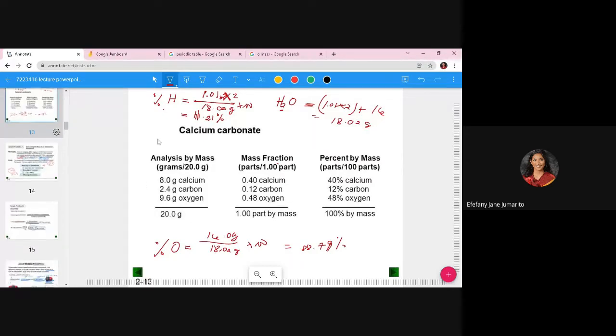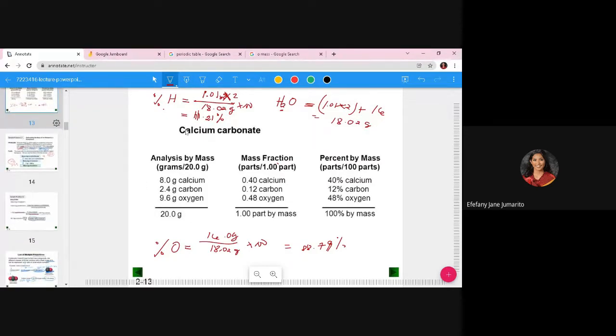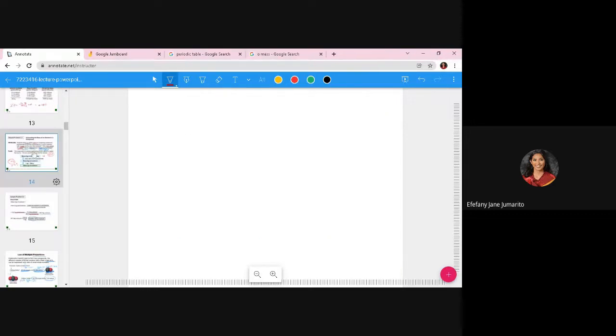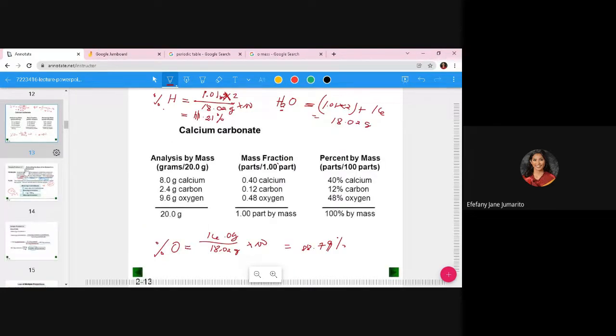That is definite, no matter where your water comes from. Its composition is 11.21% hydrogen and 88.8% oxygen. So that is the law of definite composition.